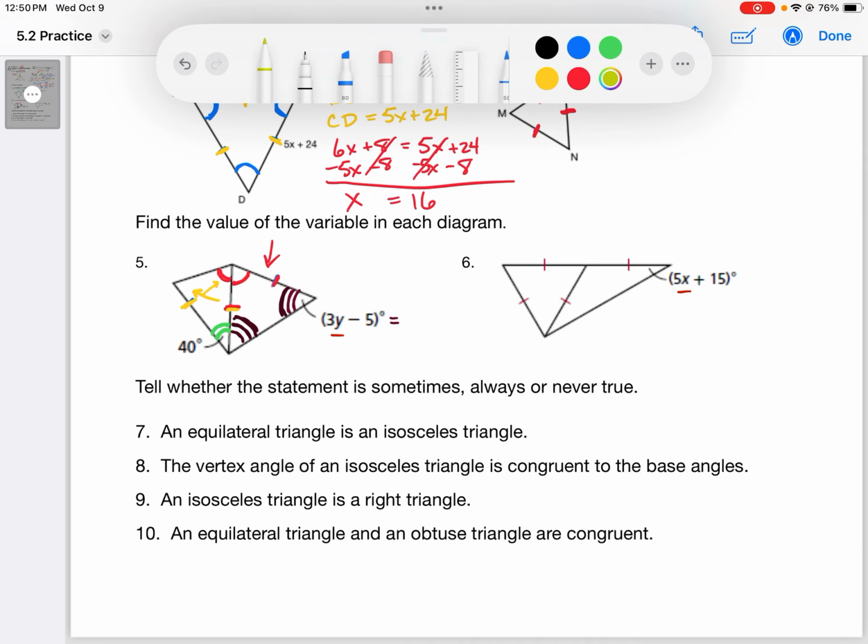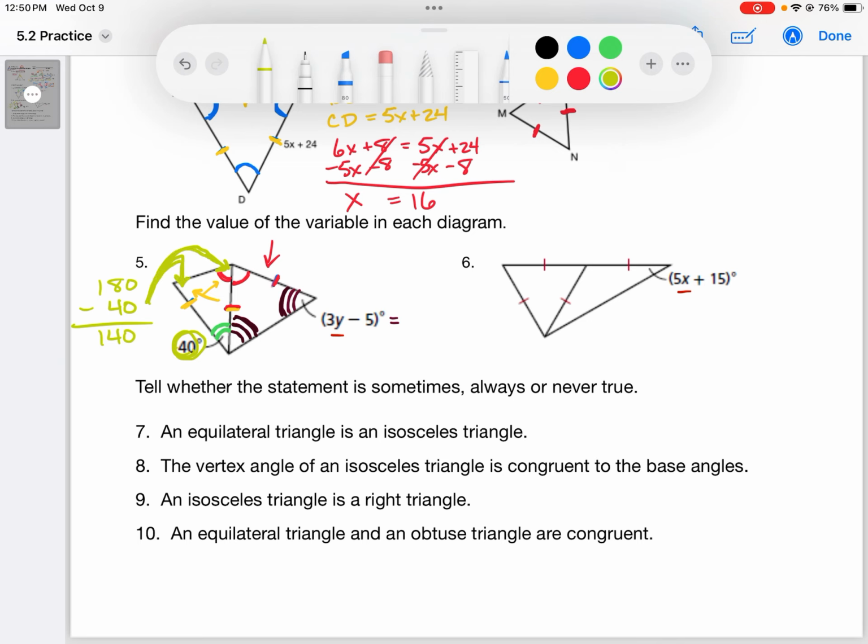If all of the interior angles of a triangle add up to 180, I know that this angle and this angle and this 40-degree angle equal 180. So let me start with some math. Now, I've got 180 degrees, and I know for sure I've got this 40-degree angle. And that leaves me with 140 degrees between these two.